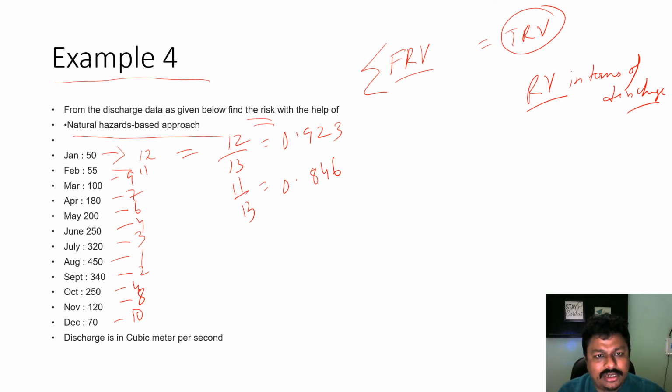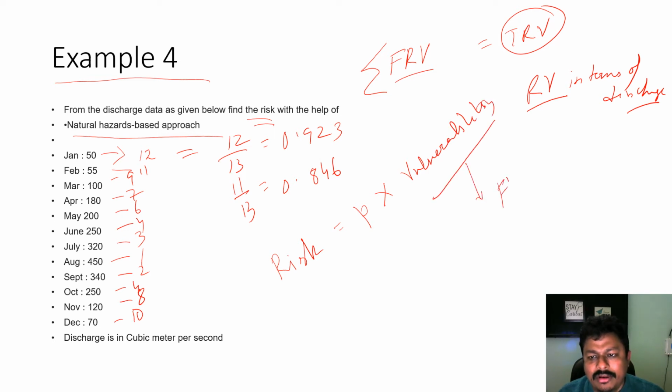Now, the formula for calculating risk with the help of the natural hazard based approach is probability multiplied by the vulnerability. Here, vulnerability means the amount of discharge that will cause flood or the amount of discharge that may cause drought, or if rainfall values are given, then the amount of rainfall that can cause flood or indicate storms.